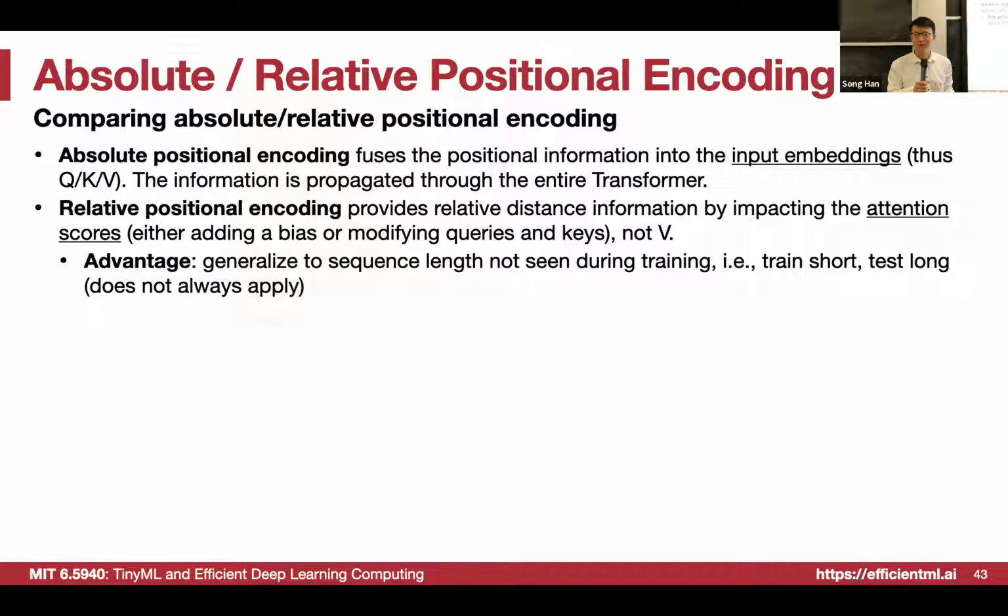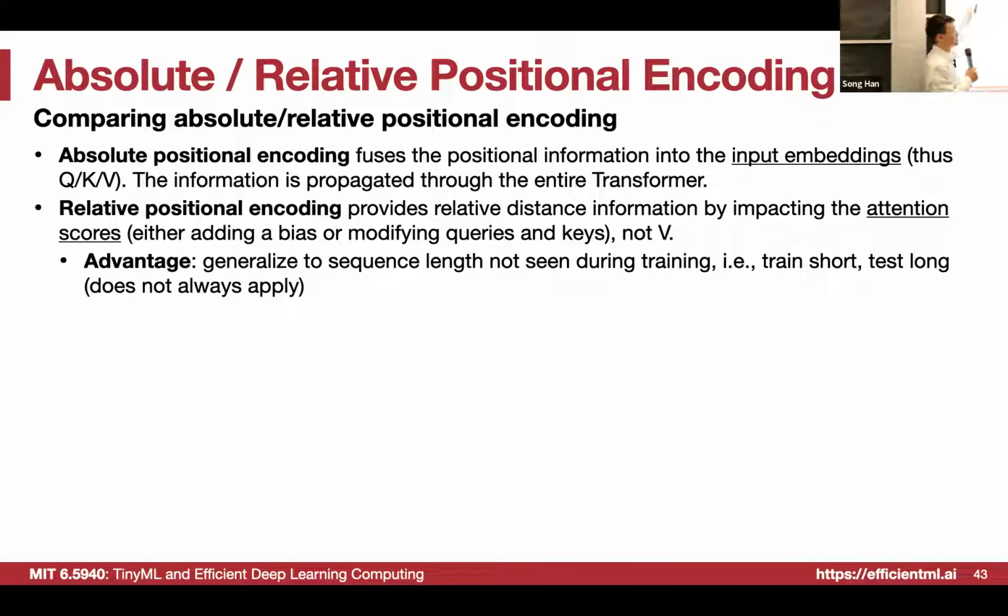How do we extend it to 6K or 8K? Relative positional encoding has the advantage here to train short, test long, but it doesn't work naively. If you do it naively, it requires some tricks to make it actually work. We are going to cover those tricks.